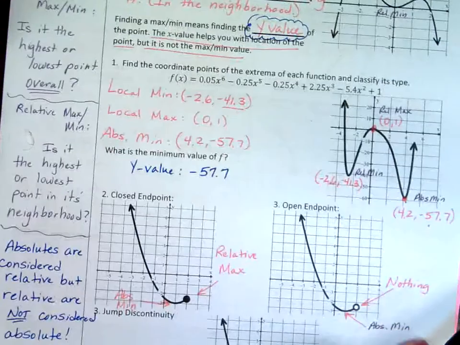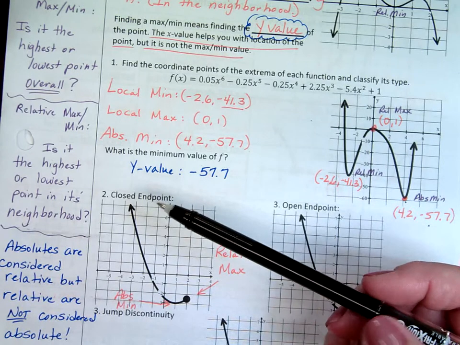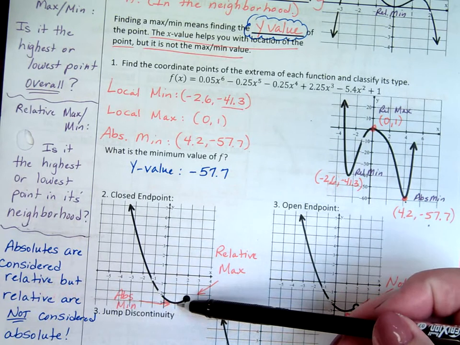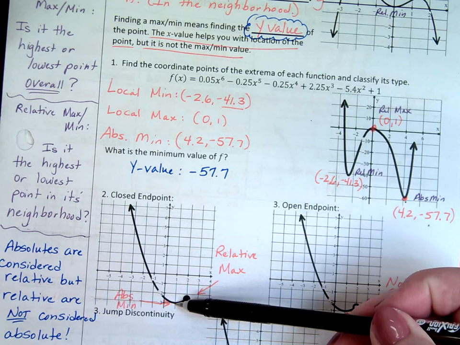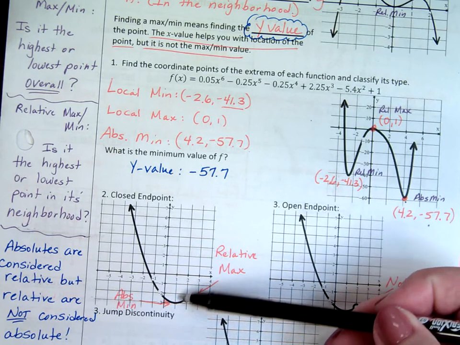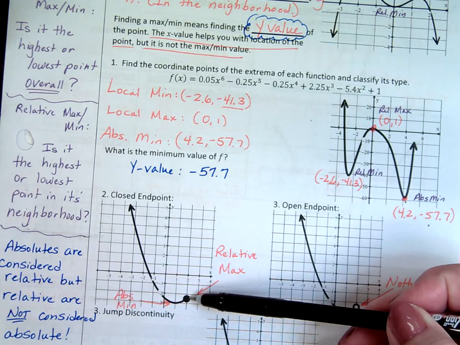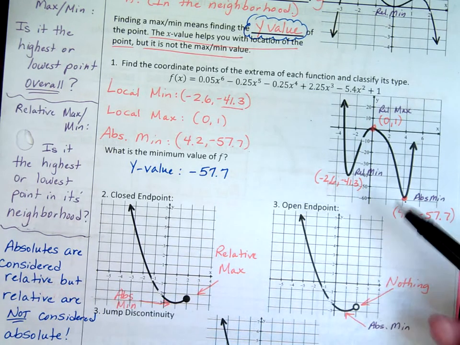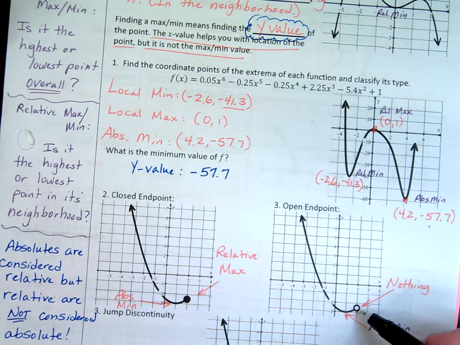So he gave you 3 pictures, and he gave you some explanations. This would be the lowest point overall, so it's the absolute minimum. And this guy here, closed circle, in his little neighborhood, he's a high point. So he's going to be a relative max. But if I took the same picture and it's an open circle, I can't make any decisions about what that is because I don't even know what it is, right?